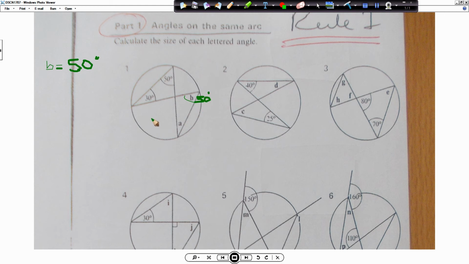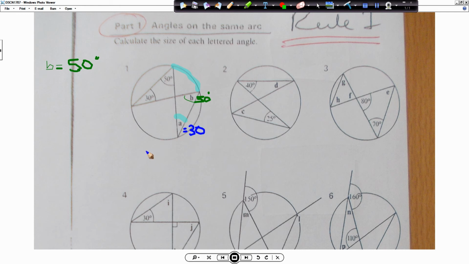Now, we have an arc on the bottom. We also have an arc at the top. So the question has 2 parts. Not only are these 2 angles equal, but if you consider the opposite arc, that gives you this angle here, 30, and this one comes from the same arc, and that's A. So what's A equal to? 30.